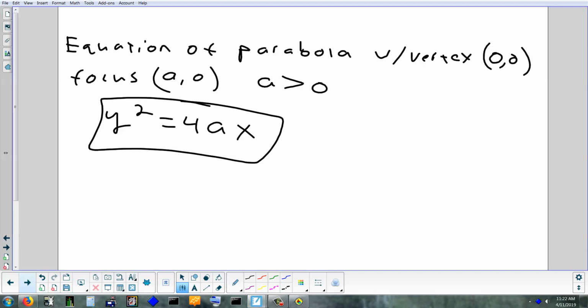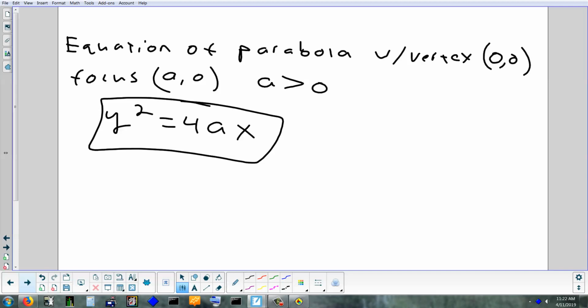So there are 4 different equations for a parabola: one that opens up, one that opens down, one that opens left, one that opens right. We're going to look first at the equation that has the parabola with the vertex at the origin.